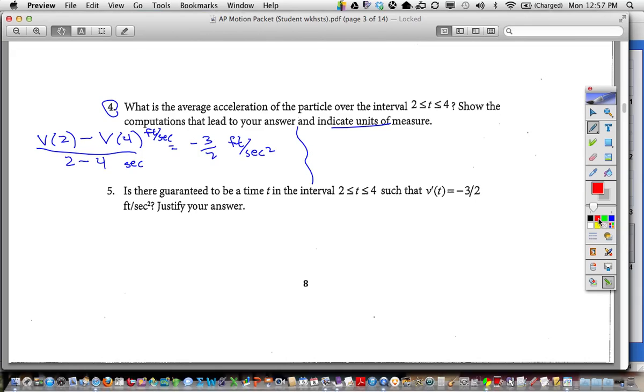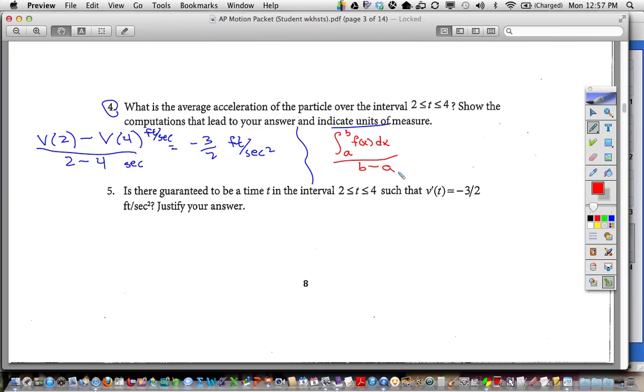Now there's another way. We've used the word average. The average value of a function. What is that formula? It's the integral from a to b, f of x, dx, over b minus a.